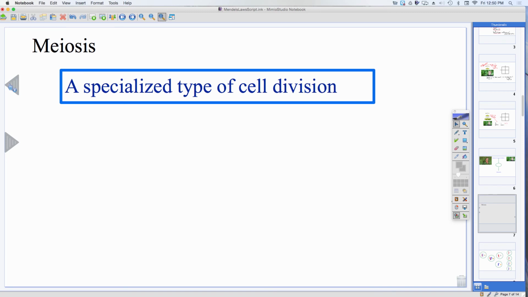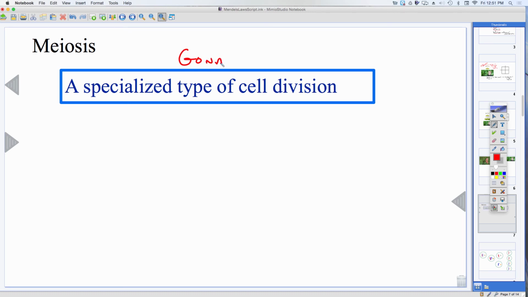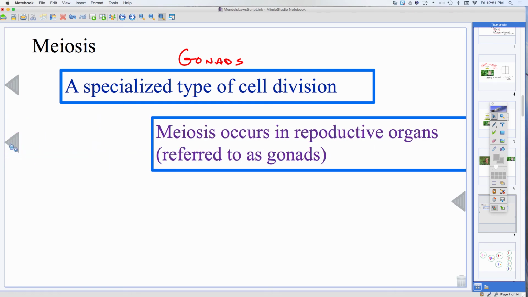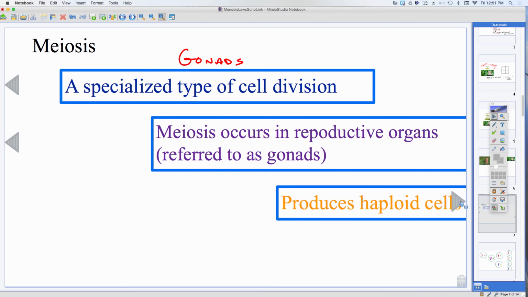And I know that this is a topic that we've discussed already. Meiosis is a specialized type of cell division. It's specialized because it doesn't occur in all of the cells of your body or most of the cells in your body. It only occurs in that group of tissue that we refer to as gonads, because this is where the gametes are produced.